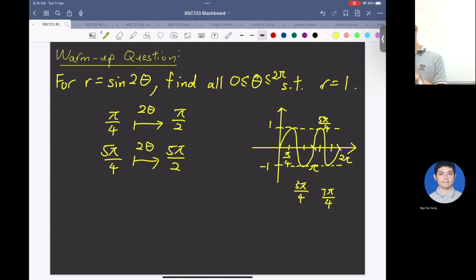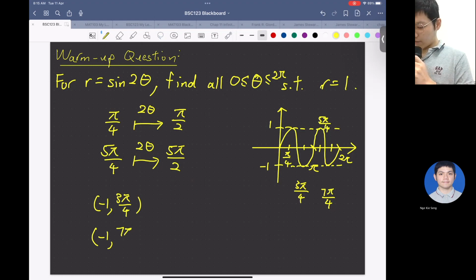So let's write down these points. Minus 1, 3 pi over 4 and minus 1, 7 pi over 4. All right, so where do these points lie?